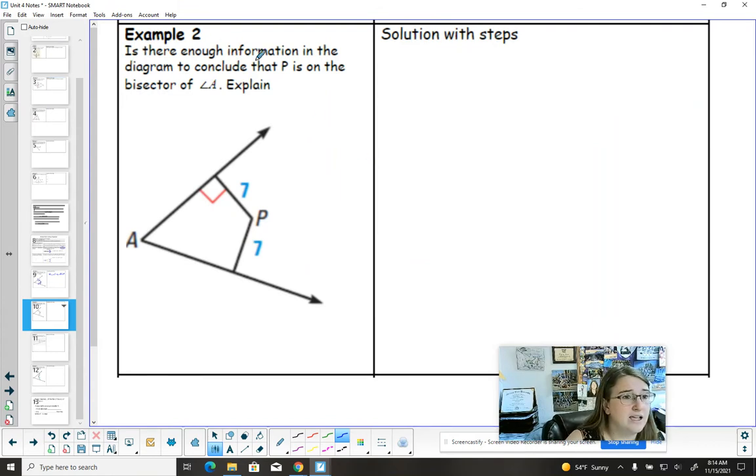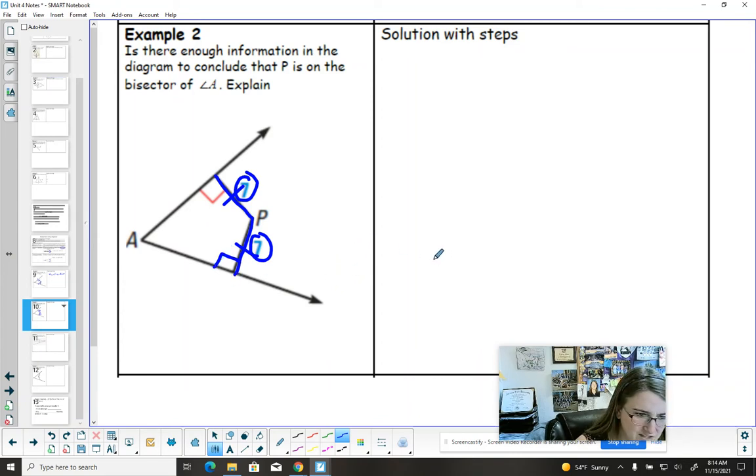Let's go ahead and try the next one. Is there enough information on the diagram to conclude that P is on the bisector of angle A? Once again, we need from P equal distances to the sides as well as both right angles. So let's see what we got here. This is equal and that's equal, right? 7 and 7. So far, so good. But I only have one right angle. I need to see that I have both right angles. There needs to be one here as well.